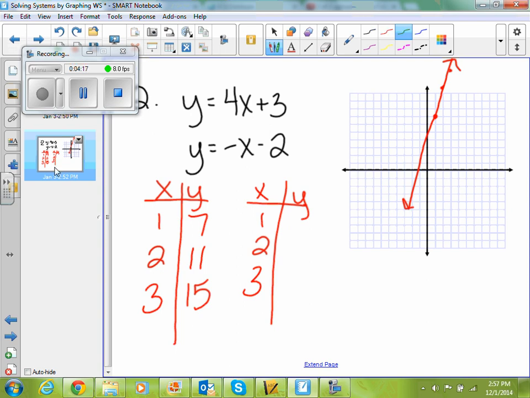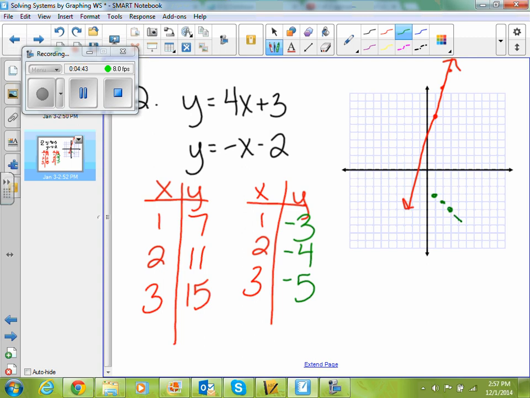And for our second graph, we're given negative x minus 2. So if I plug in 1, negative 1 minus 2 is negative 3. If I plug in 2, negative 2 minus 2 is negative 4. If I plug in 3, I get negative 5. So over 1, down 3. Over 2, down 4. Over 3, down 5.